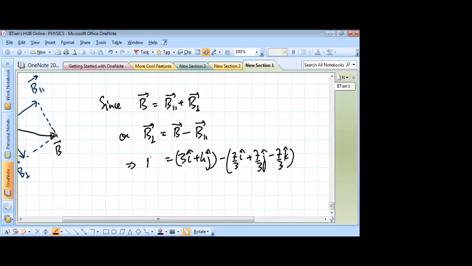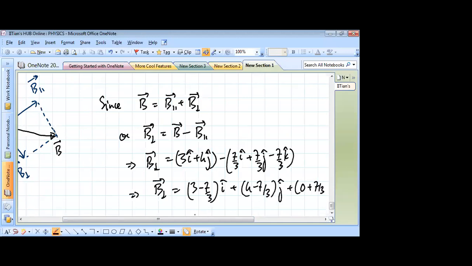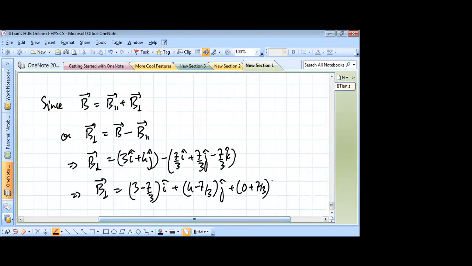So the perpendicular component in vector form will become (3 minus 7 by 3) i cap plus (4 minus 7 by 3) j cap plus (0 plus 7 by 3) k cap.